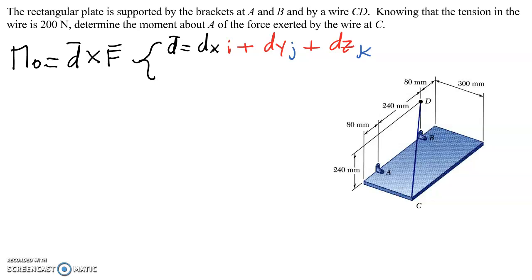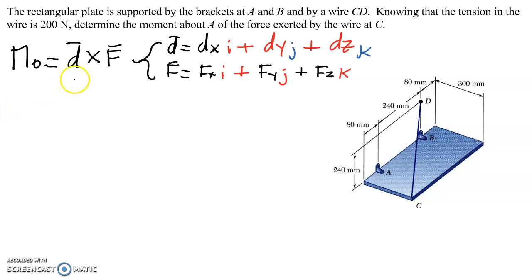The same as for the force vector: it will have a force x that goes into i, a force y that goes into j, and a force z that goes into k.